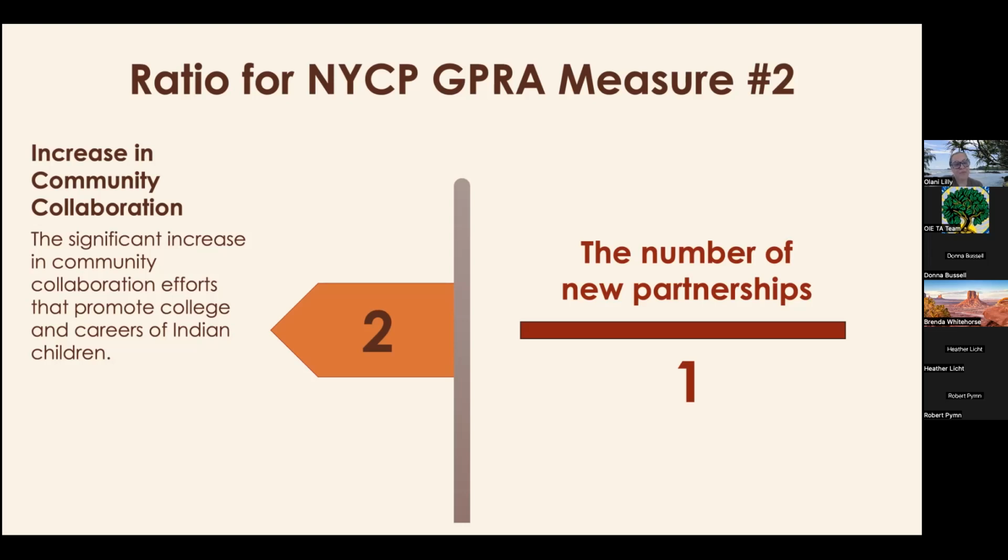That top number will be your new partnerships that you can include. Now, maybe you have a plan around acquiring more partners up until September 30th, 2023. You can report 99 here, and then there will be a space in which you can share the number of new partnerships you have to date.